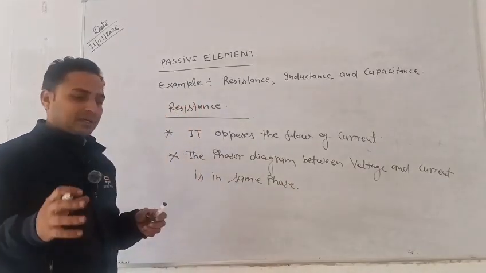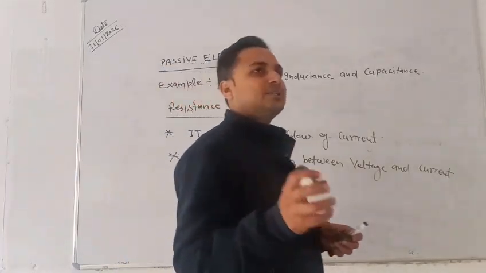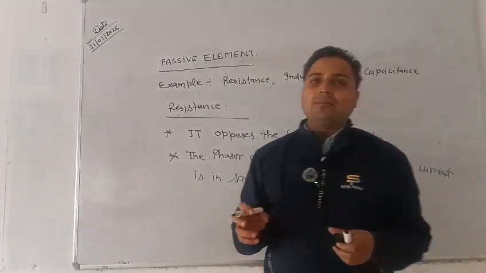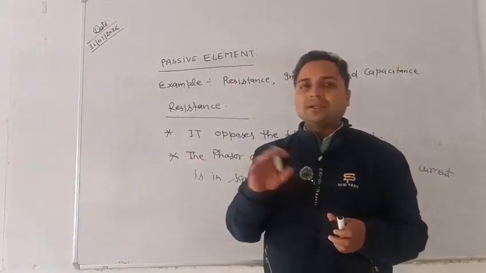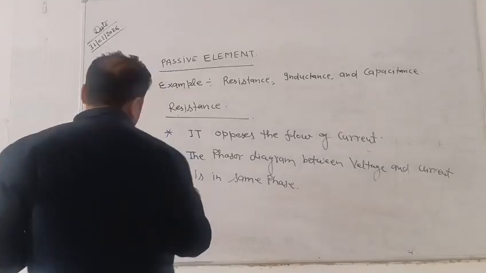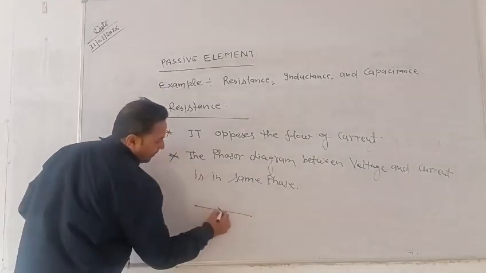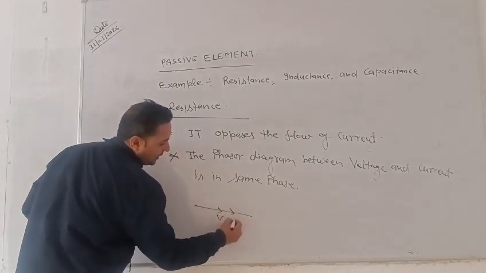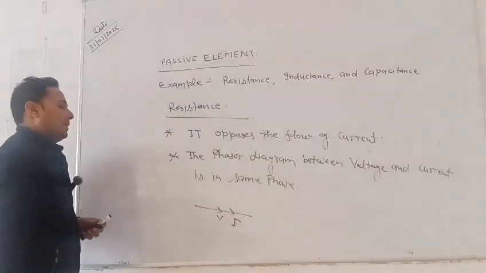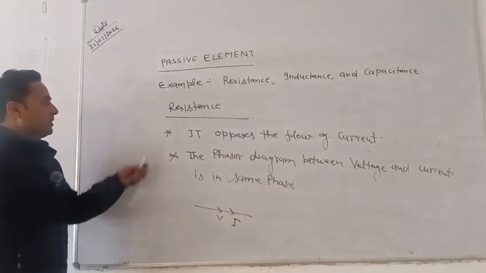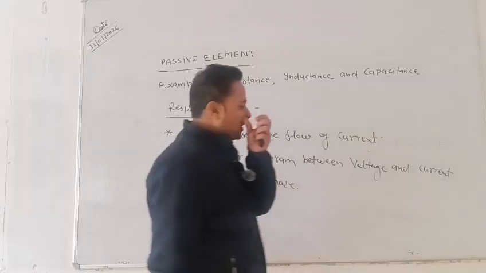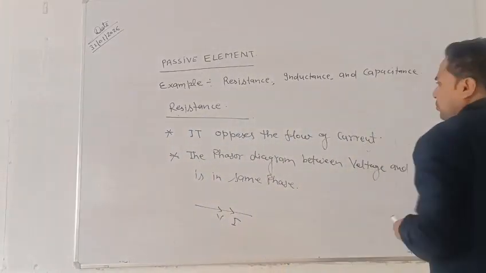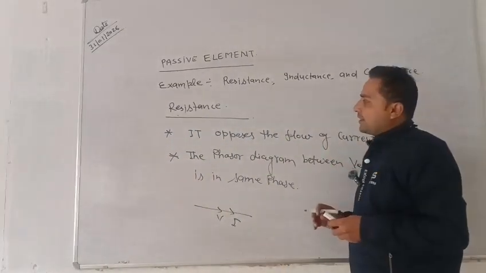So during resistance connection, voltage and current are in the same phase, and it opposes the flow of current.